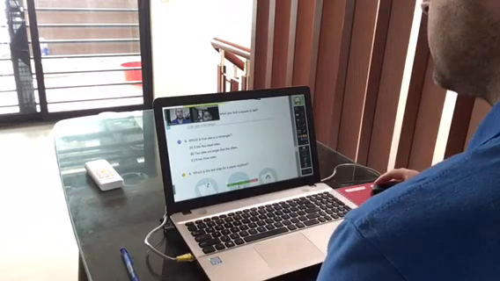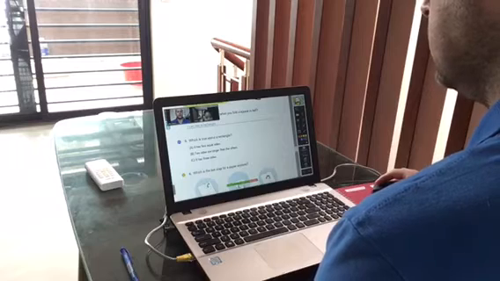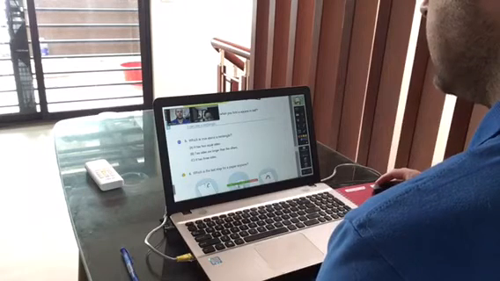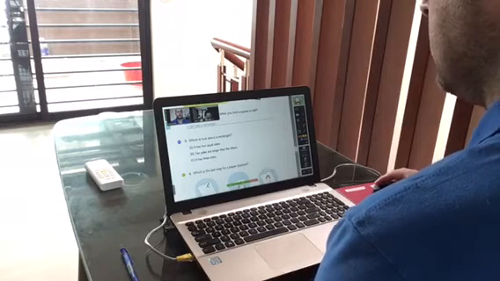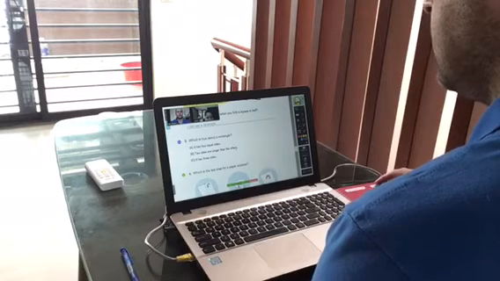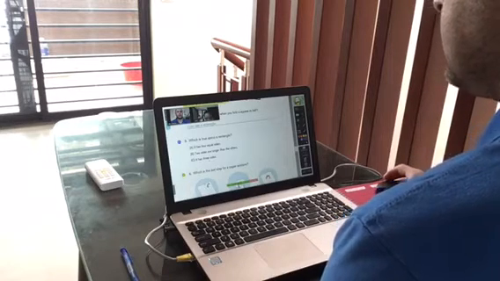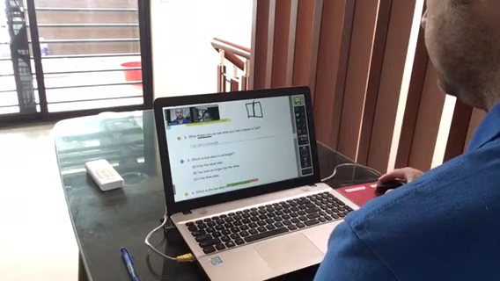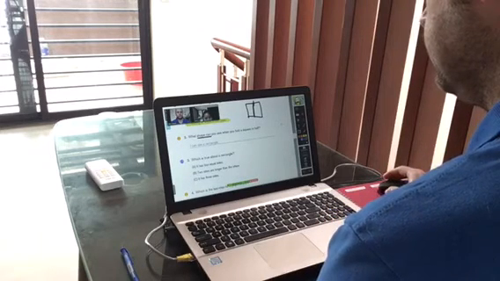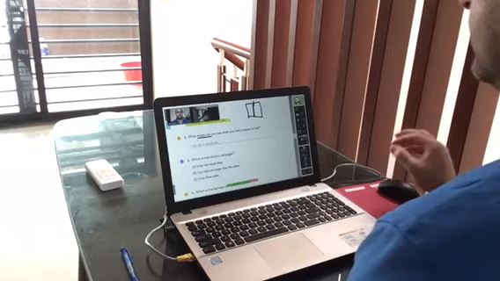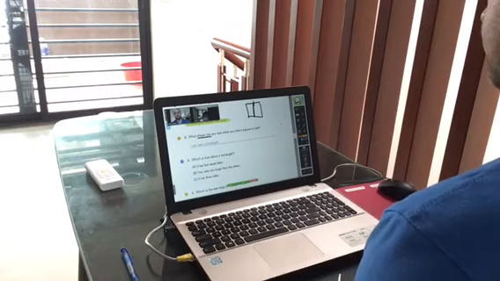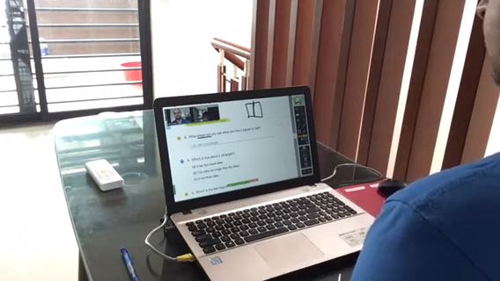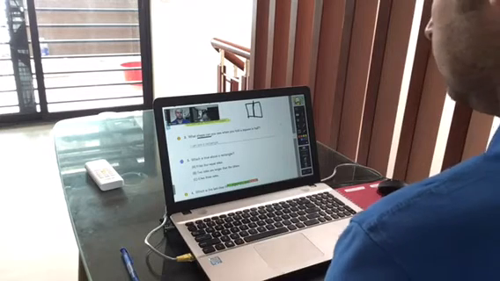So, which is true about a rectangle? A, it has 4 equal sides. B, 2 sides are longer than the others. C, it has 3 sides.